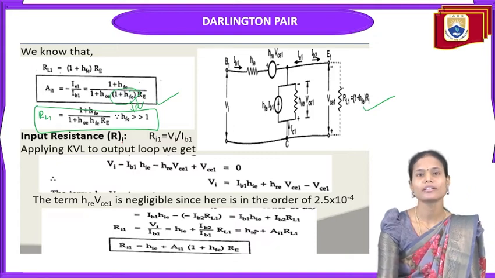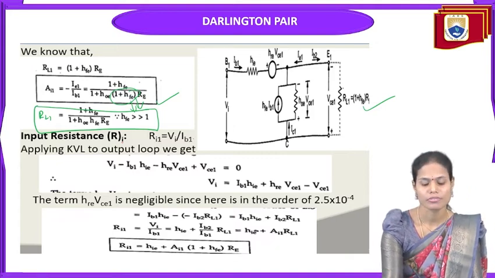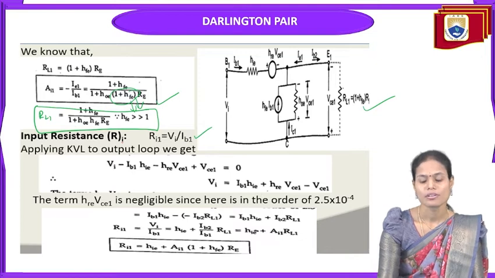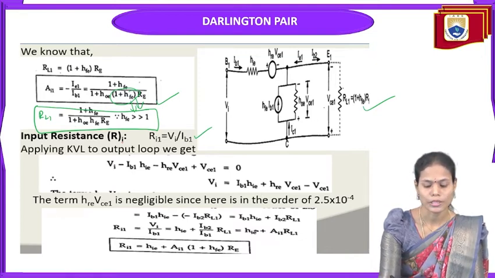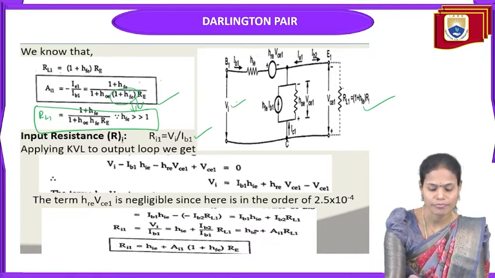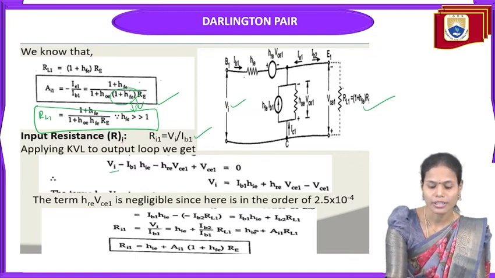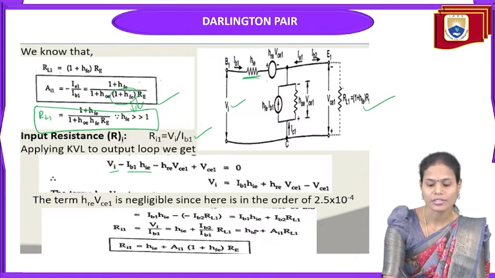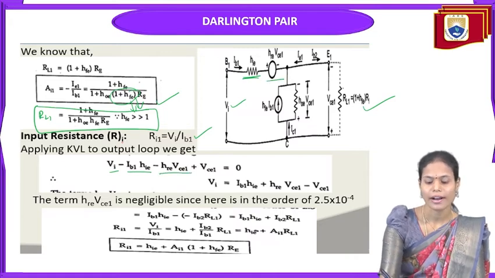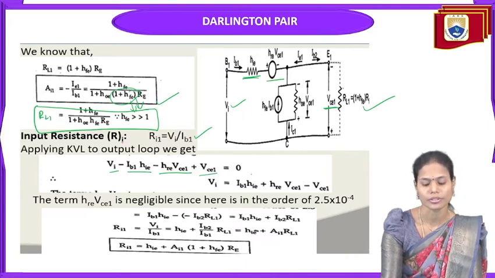And next, to find the input resistance, that is Vi by IB1, for that, apply KVL to the input loop. We will get Vi, the input voltage, equal to IB1 HIE, the drop across this particular resistor, and minus HRE VC1, and minus VC1, all the voltages in the circuit.